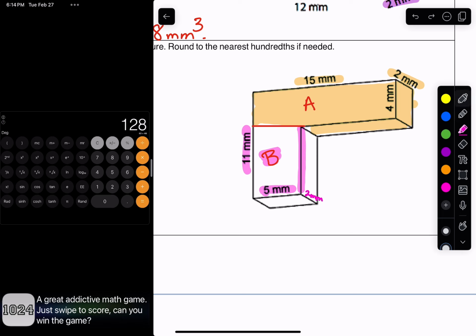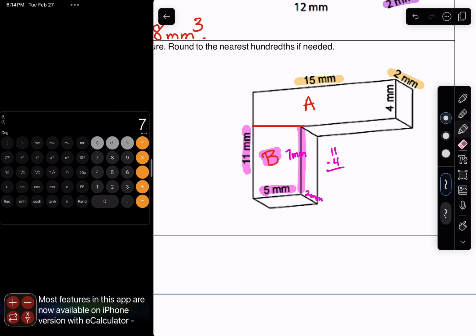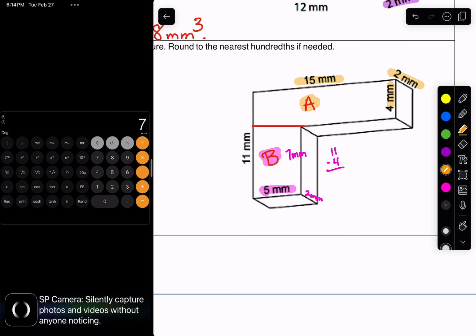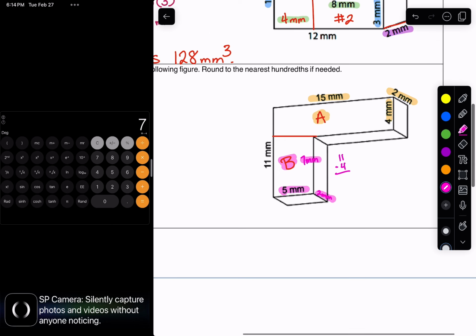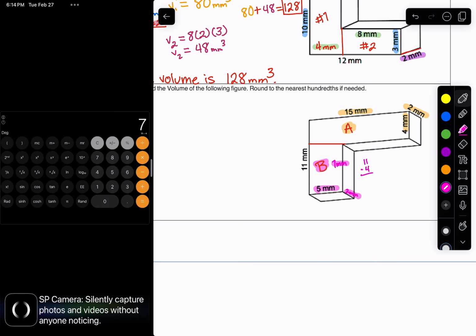So it's going to be 11 minus 4. That is 7 millimeters. So that's my height for this one. Okay, and so you don't get confused, the numbers we're using for this one are 7 millimeters, 2 millimeters, and 5 millimeters.